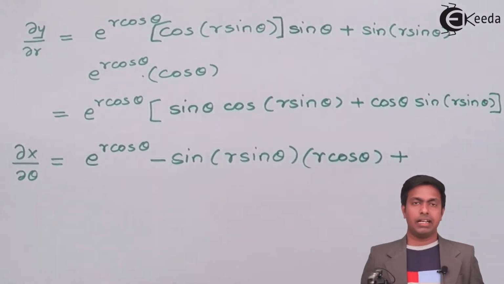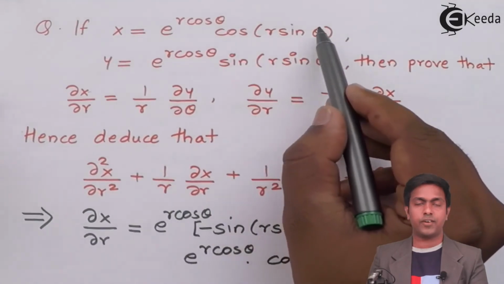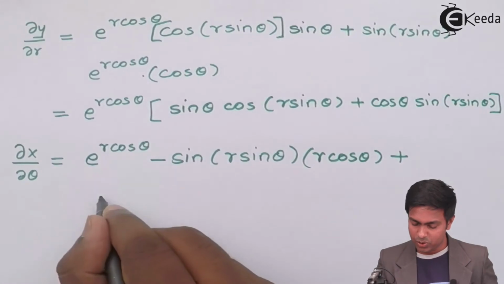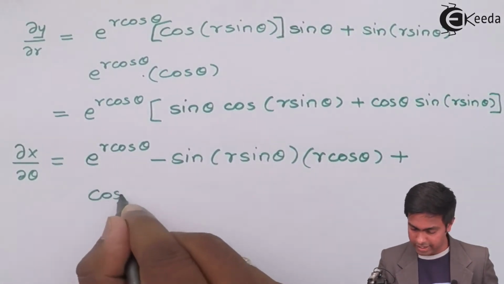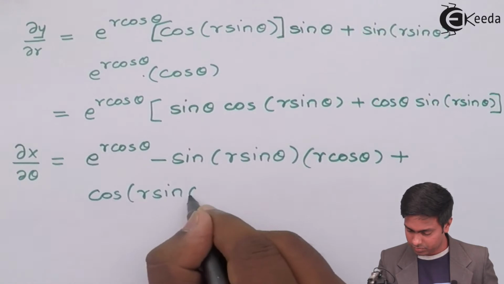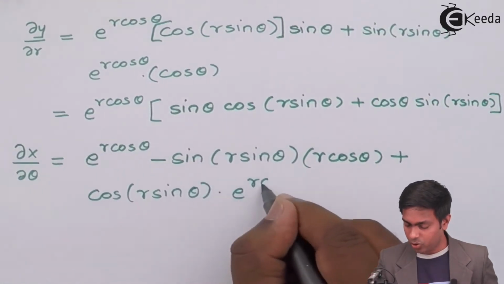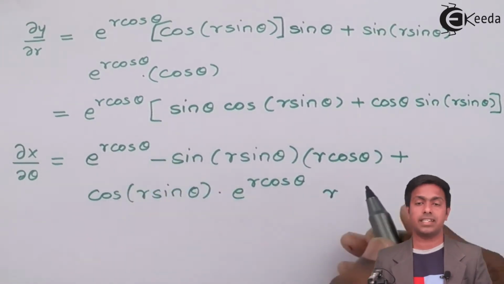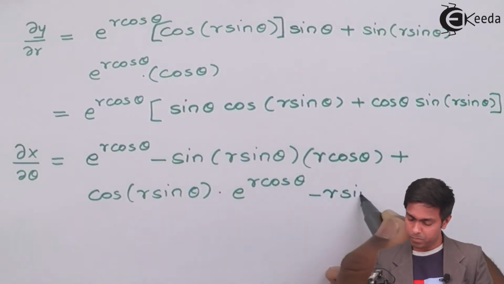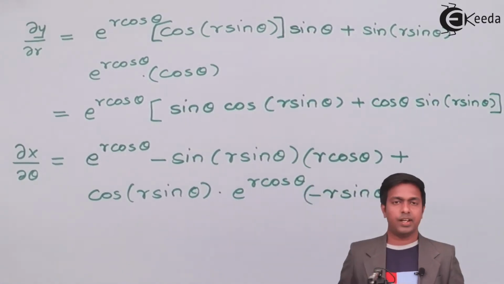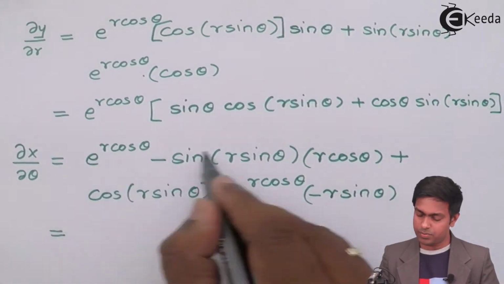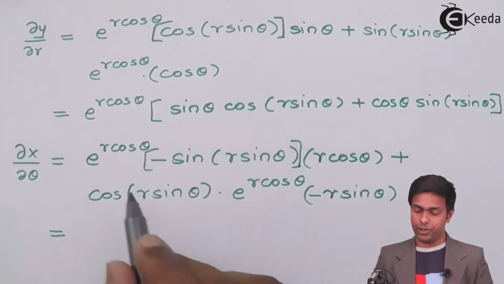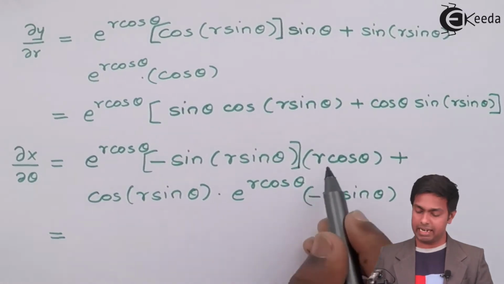plus, now this time cos of r sin theta will remain as it is, and we'll find the derivative of e to the power r cos theta. So cos of r sin theta, e to the power r cos theta into the derivative of this. So r is as it is, and the derivative of cos theta is negative sin theta. Now guys, again from these two terms, the first and the second term, we are going to take e to the power r cos theta common and r common.